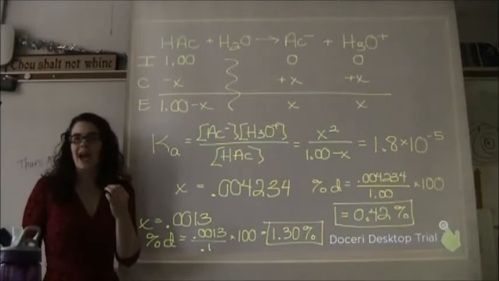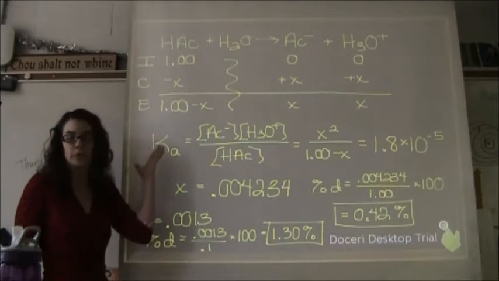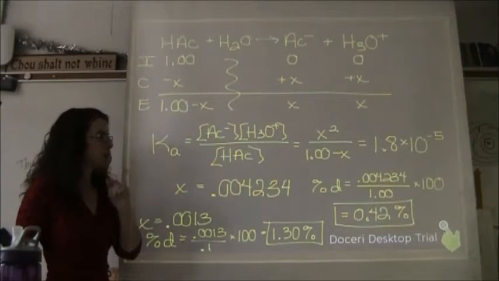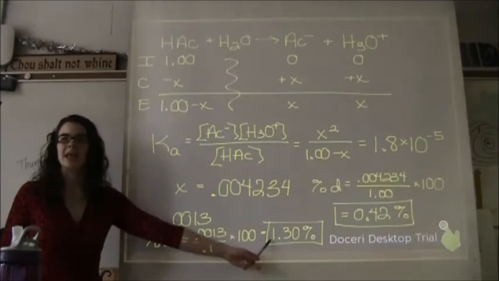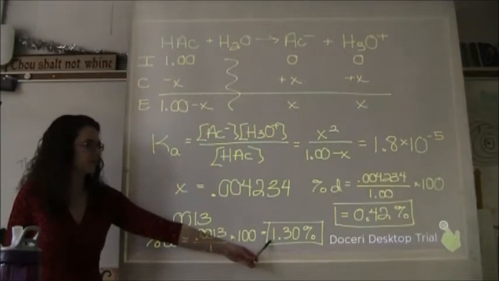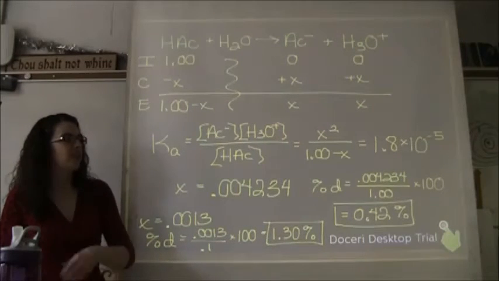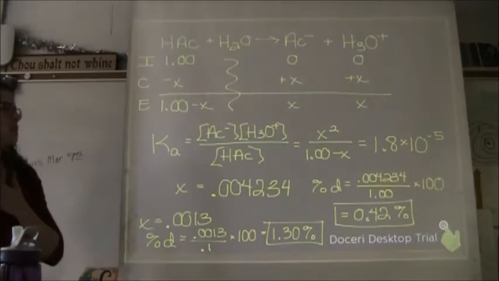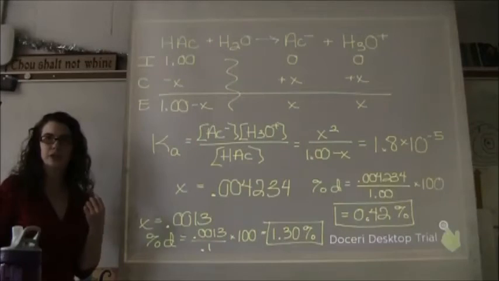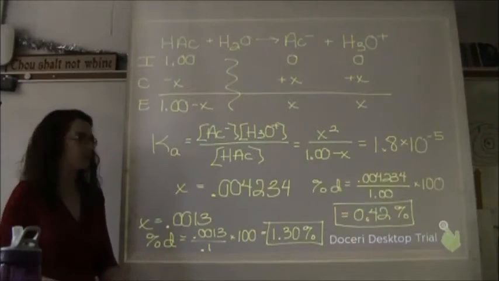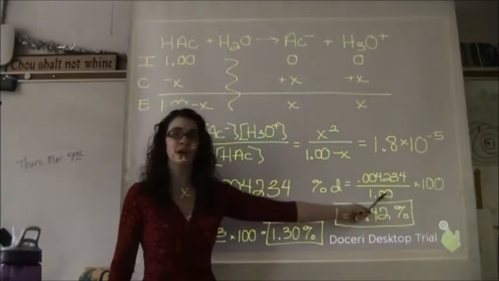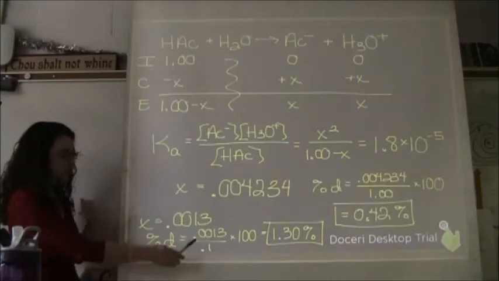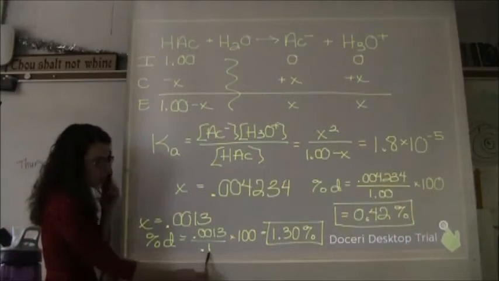For a weak acid, which is what we were dealing with here, percent dissociation increases as the acid becomes more dilute, which is exactly what we had. Our first situation, the acid was 1 molar. In the second situation, it was 0.1.